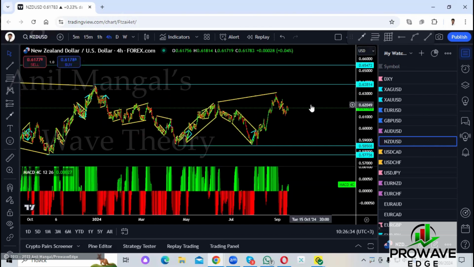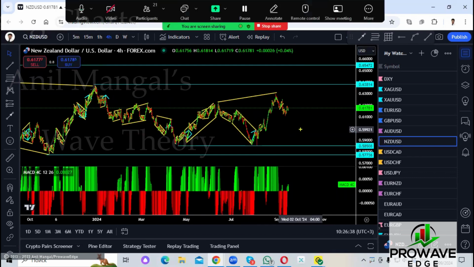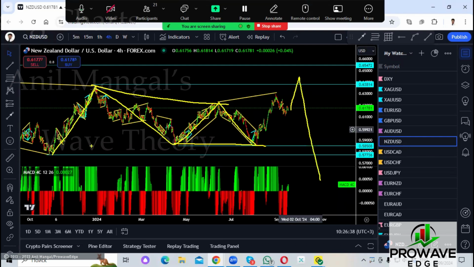So let's see. We did break this low here, right? We broke that low, but we're not looking at this as a 1, 2, 3 yet. If you look at that as a 1, 2, 3 like this, then at least you're going back up for this move to come and break this top here and then drop, right? Because this would be 1, 2, 3. It means this pattern will no longer be valid.